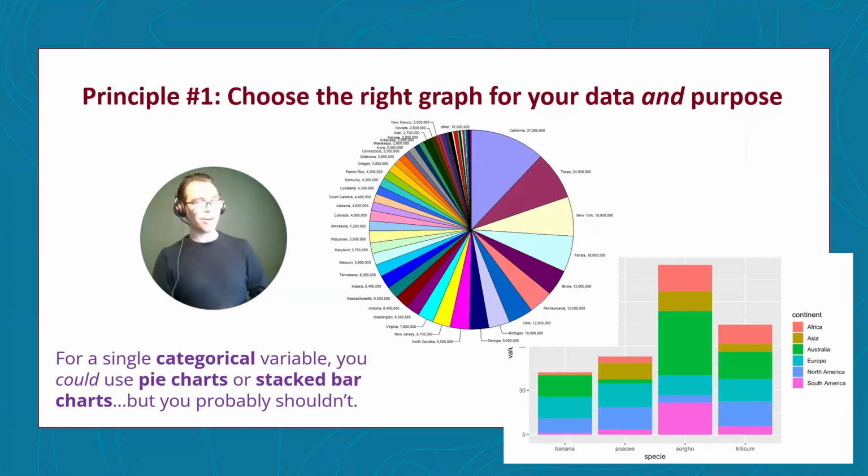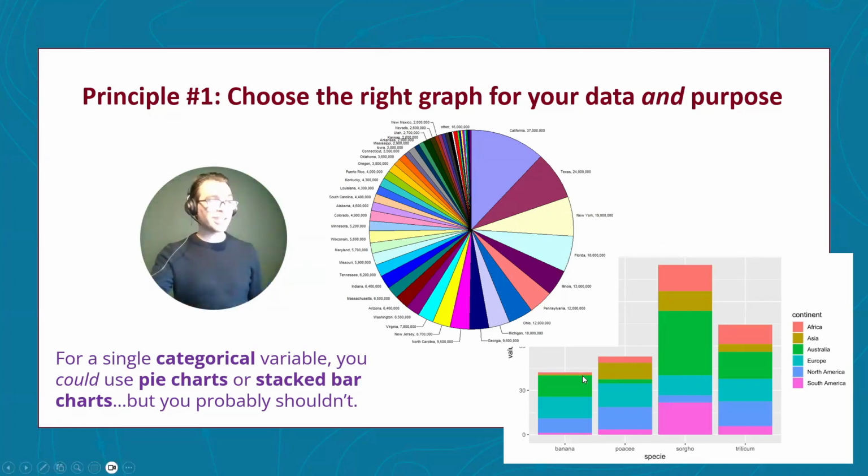However, I will warn you that data viz experts really don't like these two kinds of data visualizations for a lot of reasons. One of them is that they are very easy to distort. You can orient wedges in a pie chart in a way that makes them very difficult to compare or makes some wedges look a little bigger than others. They are also hard to read.